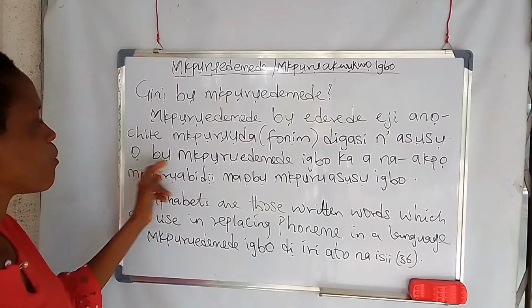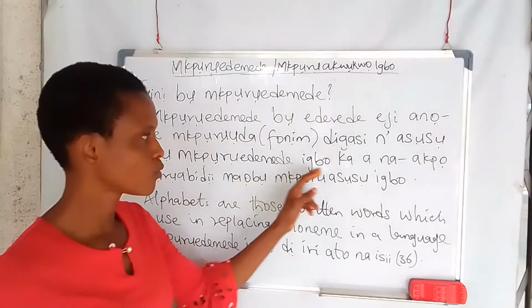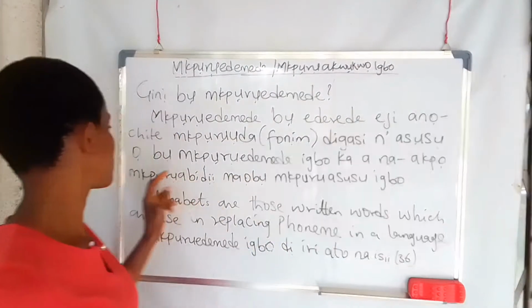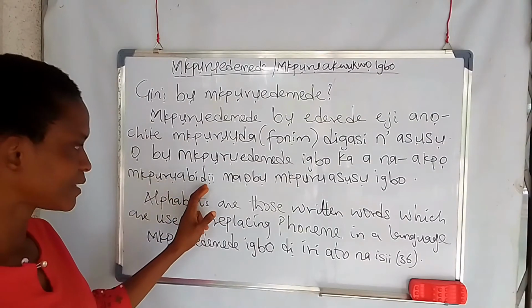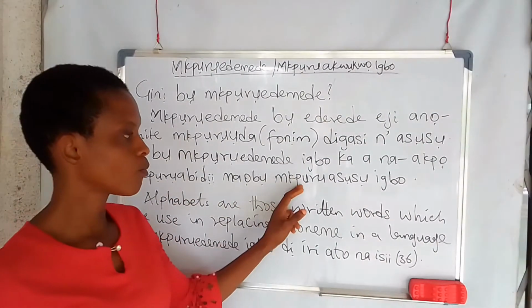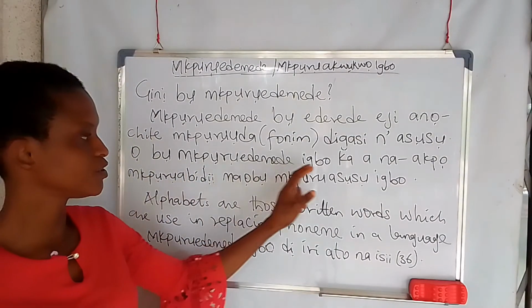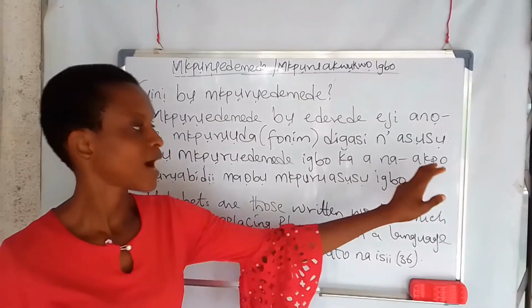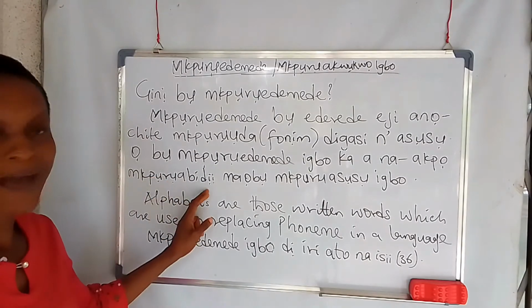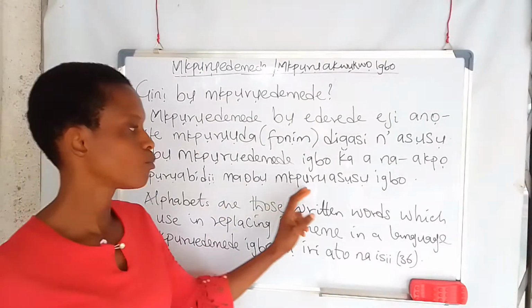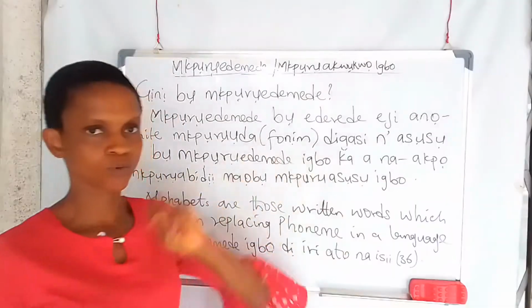Ọ bụ mkpụrụ edemede Igbo ka a na-akpọ mkpụrụ abịịdị ma ọ bụ mkpụrụ asụsụ Igbo.